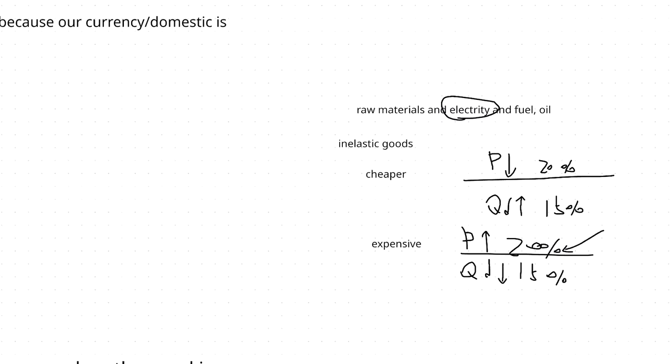So if we go back to import being more expensive, obviously import is more expensive, but people will still consume a lot of import. Export will be cheaper, but not too many people will consume a lot more export. So import cost increases, and people still buy import, so import spending is going to increase by a lot because the prices are higher now. Export will also increase, but only by a very small amount.